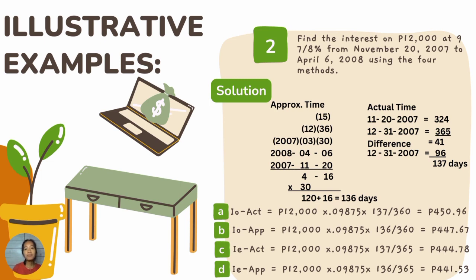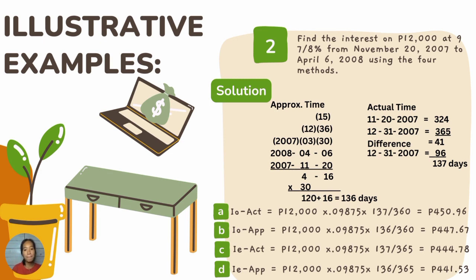Now, let's proceed to the actual time. From January 1, 2007 to November 20, 2007, we have 324 days. Then, from January 1, 2007 to December 31, 2007, we have 365 days. So 365 minus 324, we have the difference, which is 41.